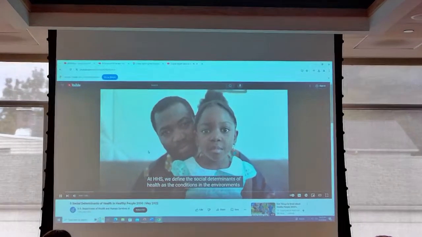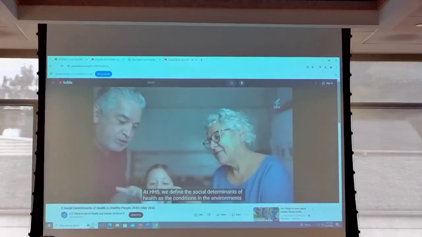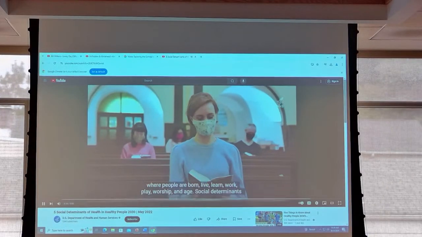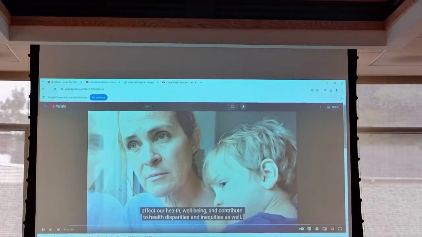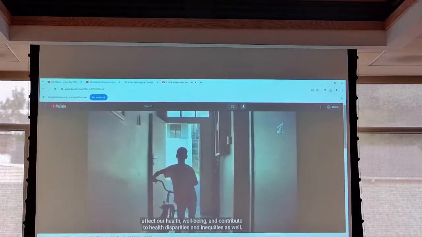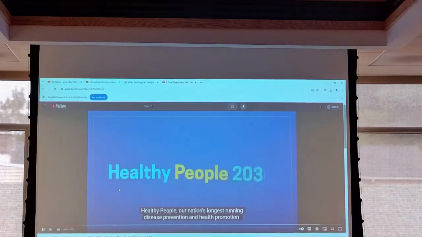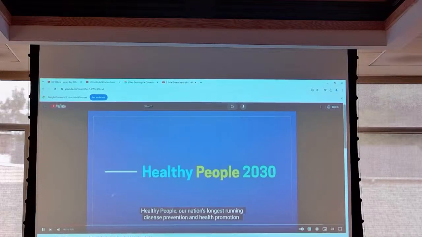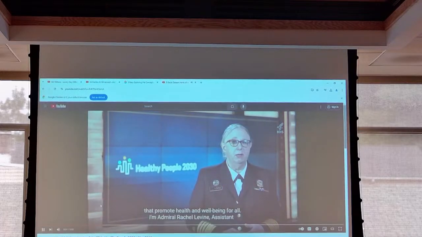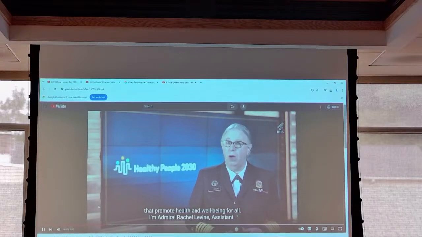Social determinants of health are the conditions in the environments where people are born, live, learn, work, play, worship, and age. Social determinants affect our health, well-being, and contribute to health disparities and inequities as well. Healthy People, our nation's longest-running disease prevention and health promotion initiative, emphasizes addressing the social determinants of health to create environments that promote health and well-being for all.